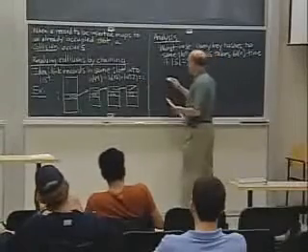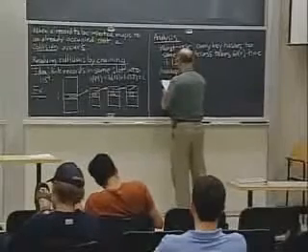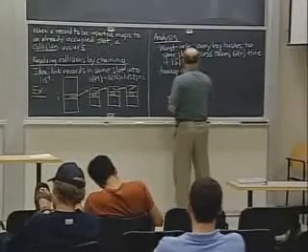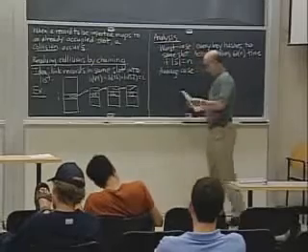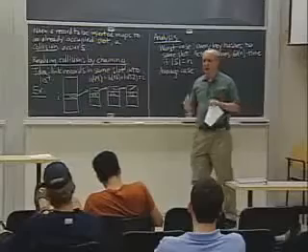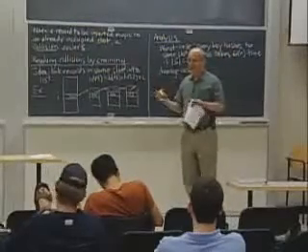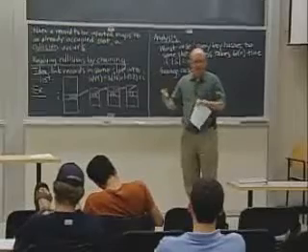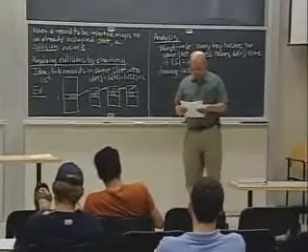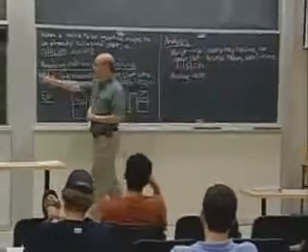So let's analyze the average case. In order to analyze the average case, whenever you have averages, whenever you have probability, you have to state your assumptions. You have to say what is the assumption about the behavior of the system. And it's very hard to do that because you don't know necessarily what the hash function is.